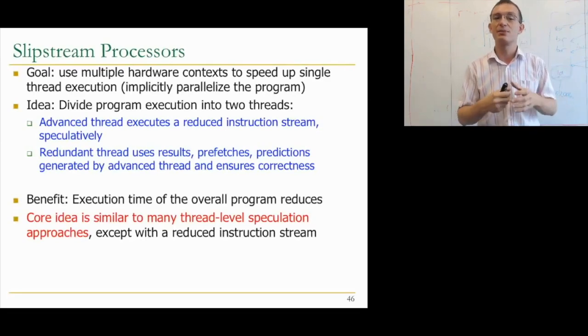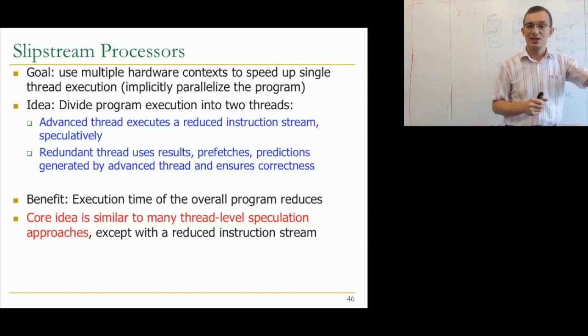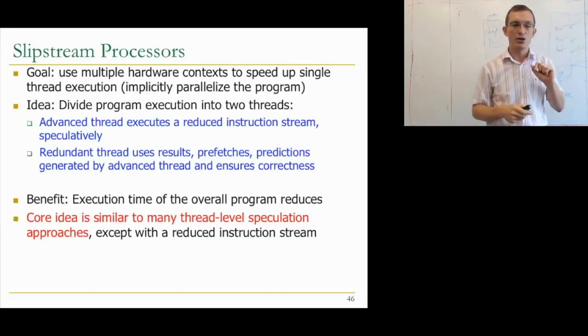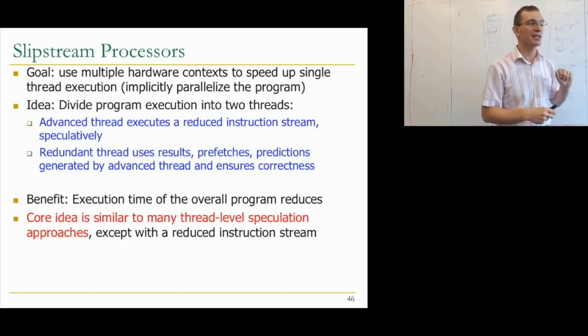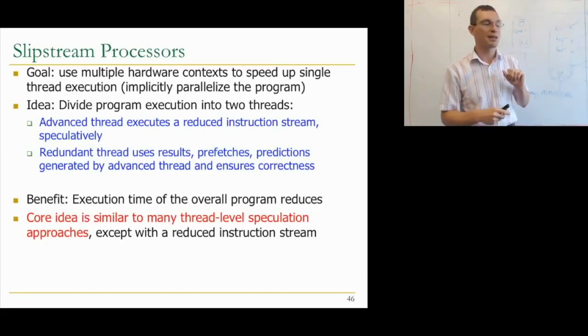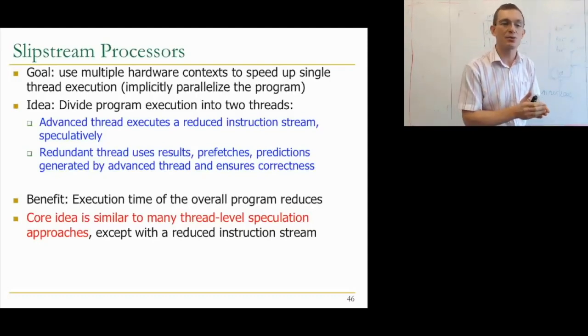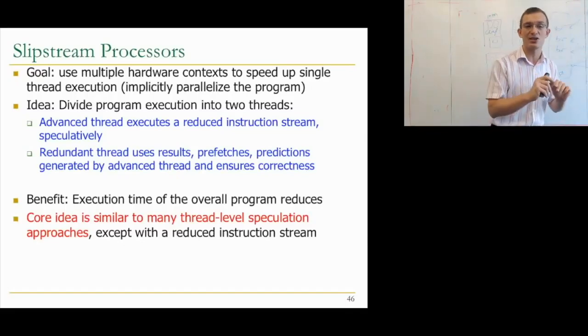So the core idea is similar to many thread-level speculation approaches, except the key point here is to have a reduced instruction stream as the advanced thread. It's very similar to the speculative parallelization prefetching method that we've discussed earlier, the pre-execution method. There you can have a reduced instruction stream as well. This is also similar to Multiscalar, except Multiscalar doesn't reduce the instruction stream, if you remember.